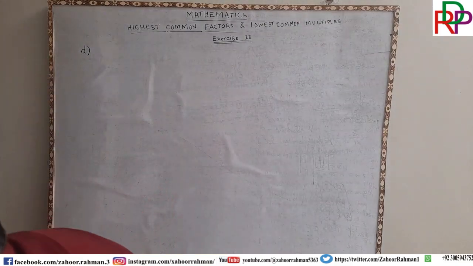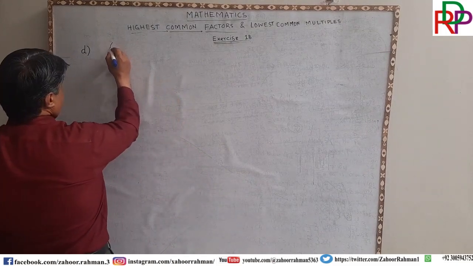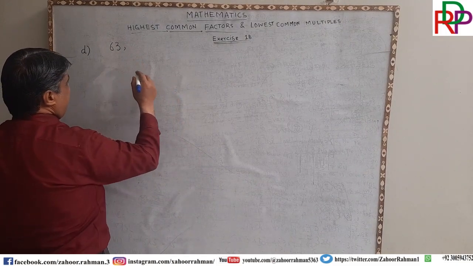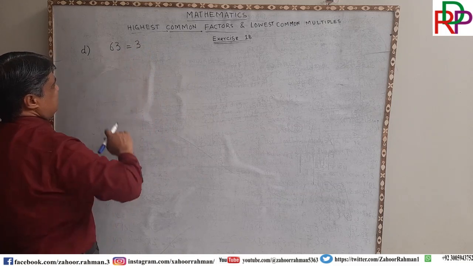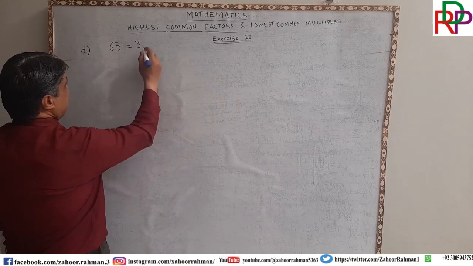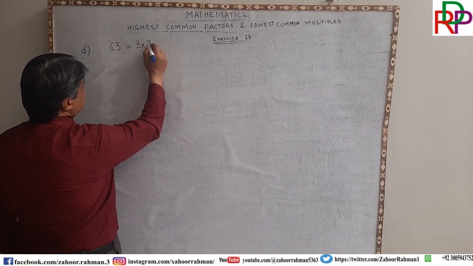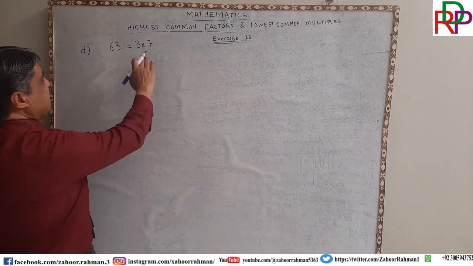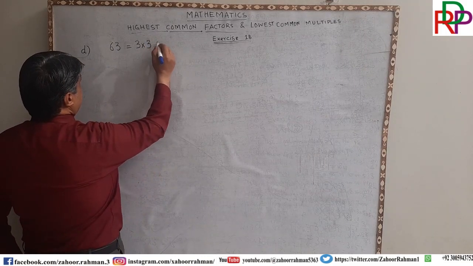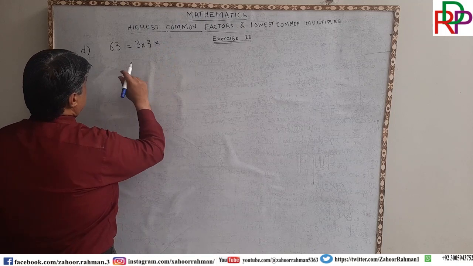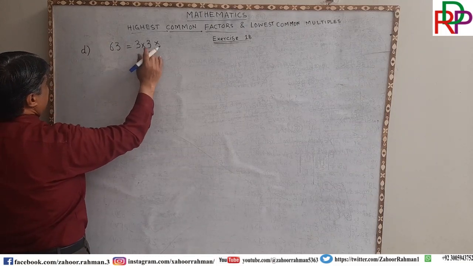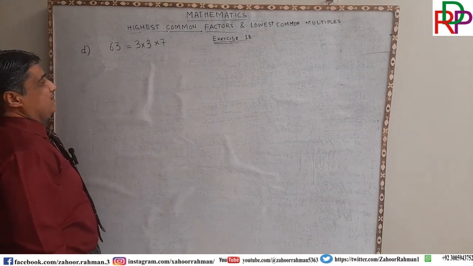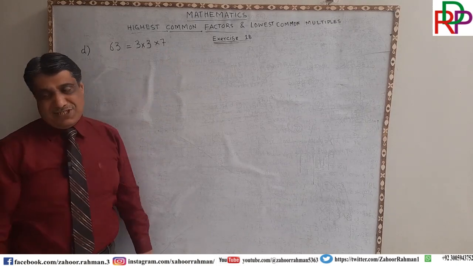The prime factorization of 63 is 3 times 3 times 7, so that is 3 raised to the power 2, because 3 threes are 9, and then 7, because 9 sevens are 63.